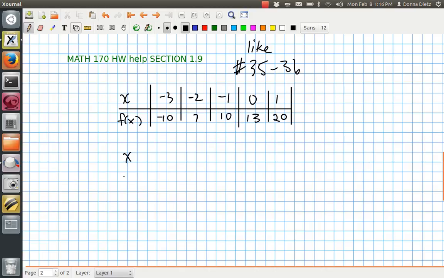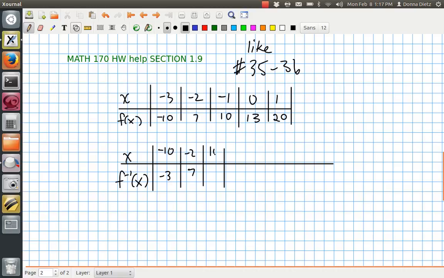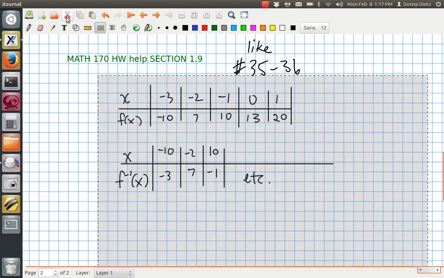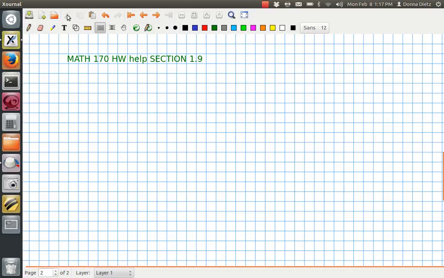Well, this is kind of dorky, but this is all you have to do. Etc. You just flip all those around, and that's really all you have to do. No big deal. A lot of these questions, it's just knowing what you need to do, and what you need to do isn't actually hard.